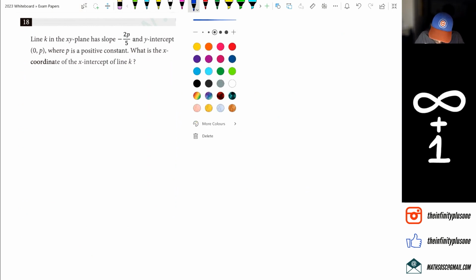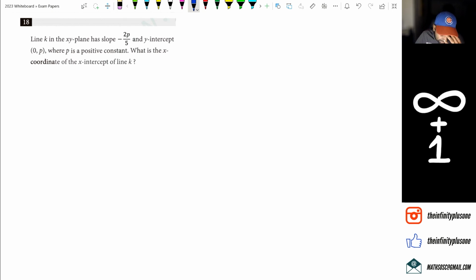All right, so what have we got here? Line K in the xy plane has a slope of negative 2p over 5. So that means the gradient is equal to negative 2p over 5, and the y-intercept is at (0, p), so we could say that c is equal to p. The question is asking: what is the x-coordinate of the x-intercept of line K?